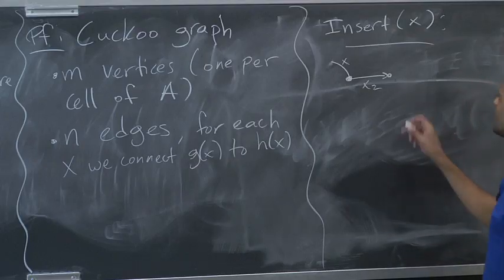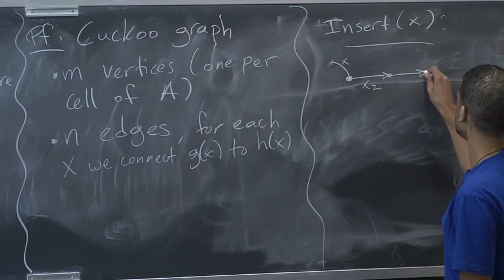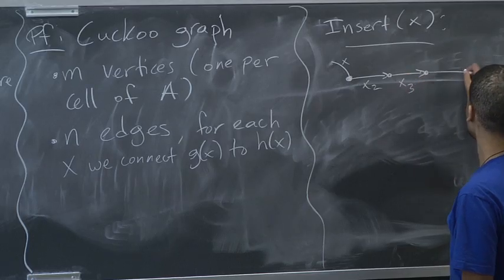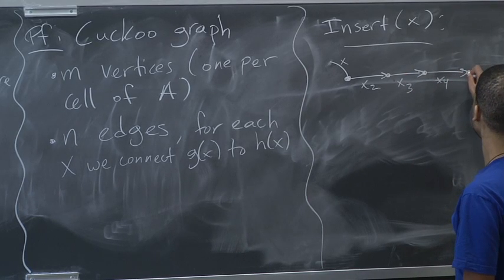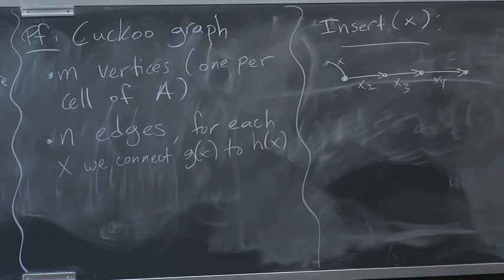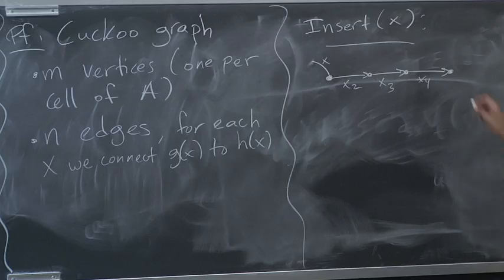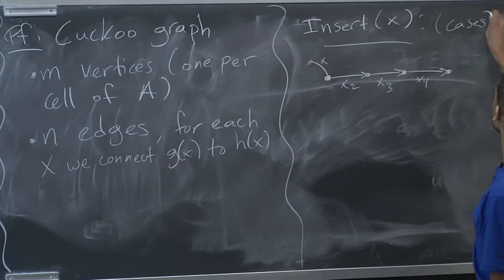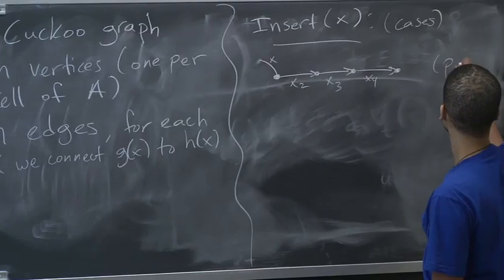And something already lives there, and we have to kick it out. And something lives there, and we have to kick it out. And then we're done. So that's one possibility. So the cases. This looks like a path.